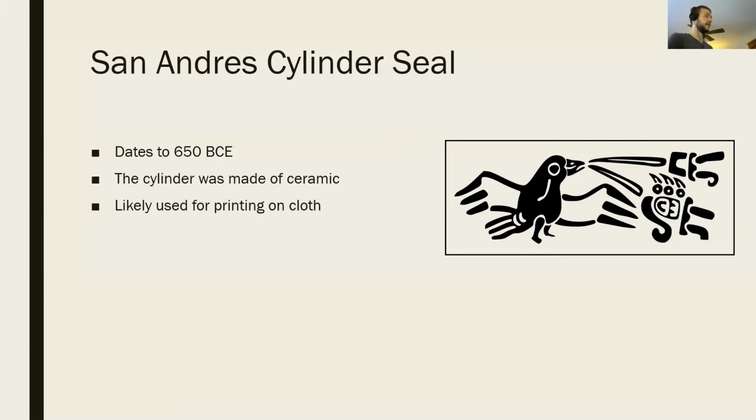Likely in this case, they were used for decorating cloth. And possibly the symbols on here may contain some of the oldest writing system in America. So they contained Mayan hieroglyphs on them. So this artifact is interesting for that reason as well.